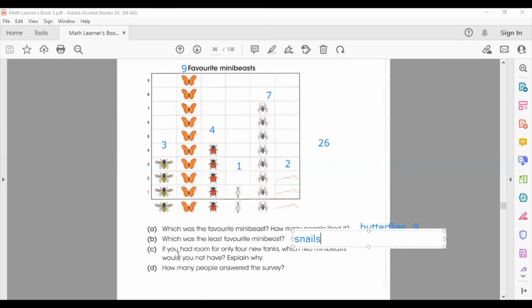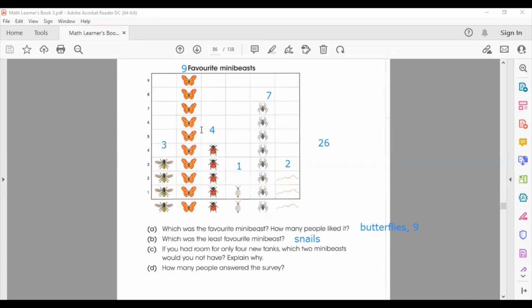If you had room for only 4 in your tank, which 2 mini beasts would you not have? Explain why. Obviously, we are not choosing the butterfly.